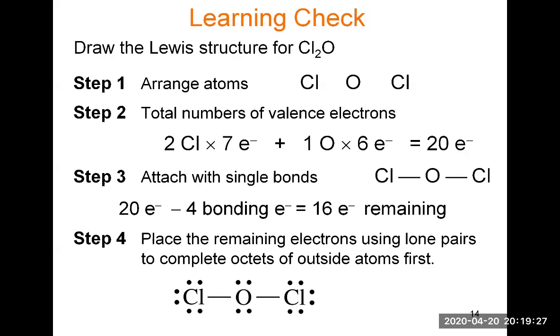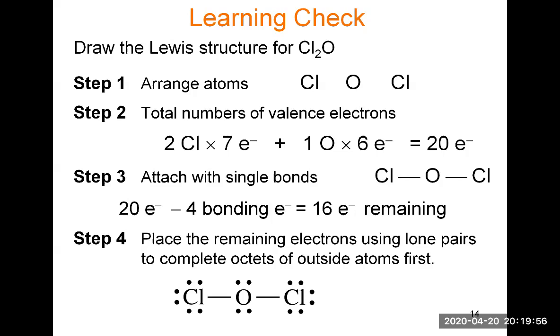And we give it 2 lone pairs that use the 4 electrons that were remaining. And so now you want to check that each atom has an octet. So the chlorines have 6 from the lone pairs plus 2 from the bond, it's an octet, each of them. Oxygen has 4 electrons from the bonds plus 4 from the lone pairs, that's an octet.